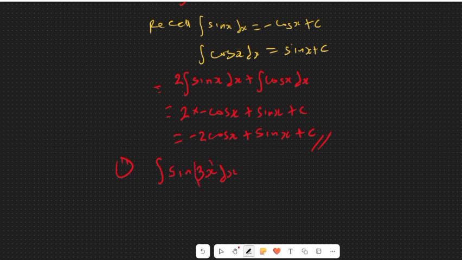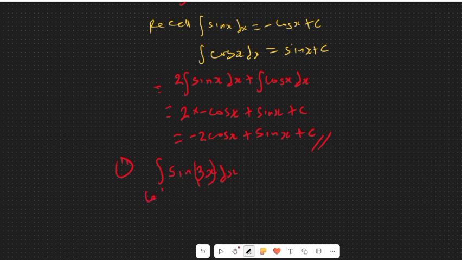This is what I can call a function inside a function. 3x is a function, and sine is also another function. So the approach to go about this is that you will differentiate this, and you will now integrate this.